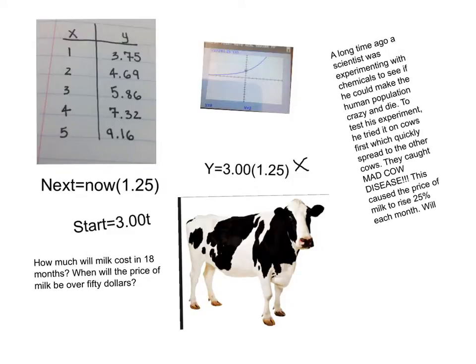To do this, we typed it into our calculator, and we did y is equal to $3 times 1.25^x, and then we went to second graph, and we went all the way down until we saw $50, and the price of milk will be $50 in between 12 and 13 months.